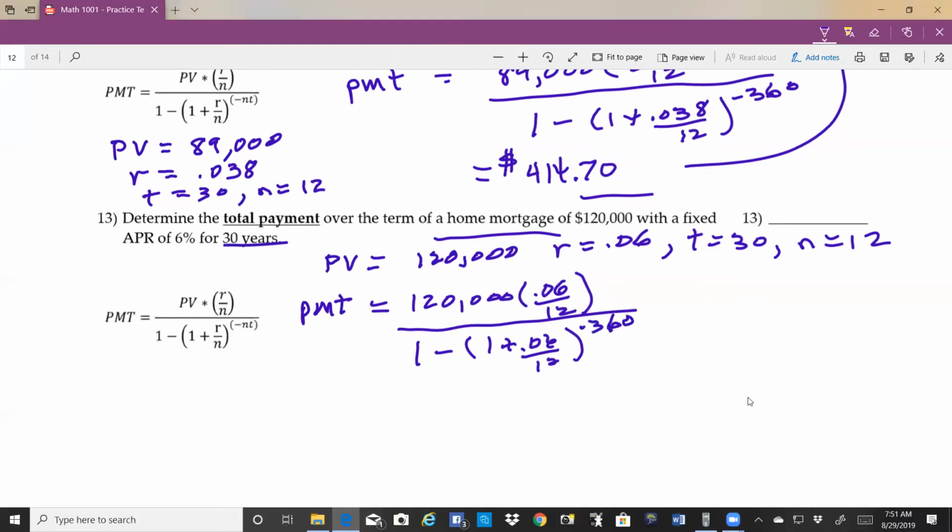Now I'm going to let you put that in your calculator, and I want you to leave this in your calculator because we're going to multiply it.